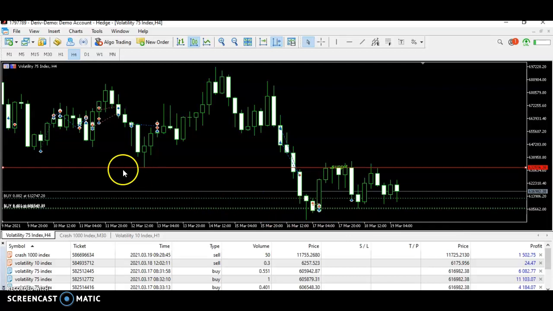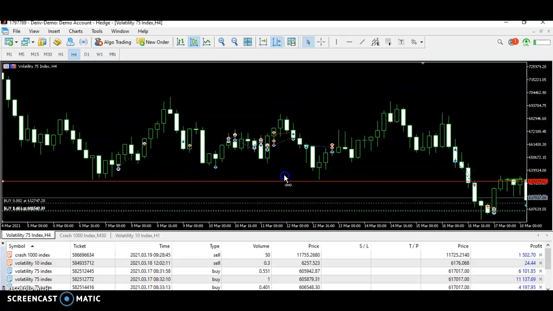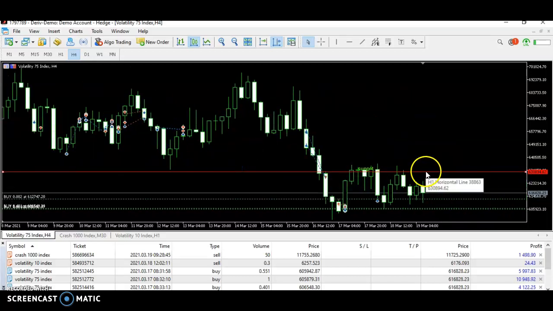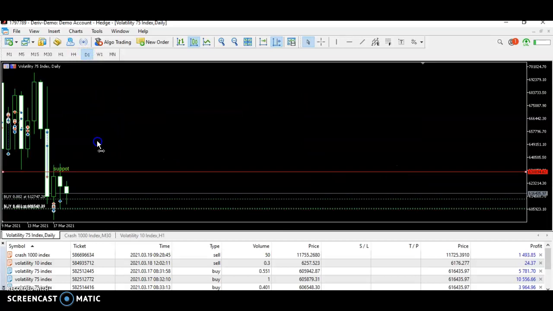There's a double tap from that position, and there's another resistance in this place. So definitely when it goes there, I call the trade. I wait for it to go down here, I place another buy. There's a support level in that position. That's why I place this as a support level.